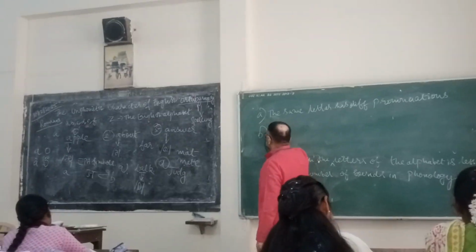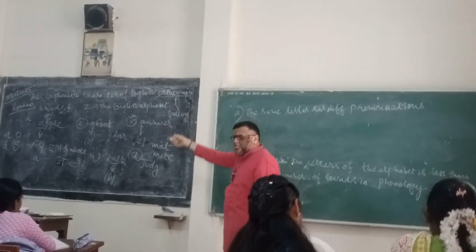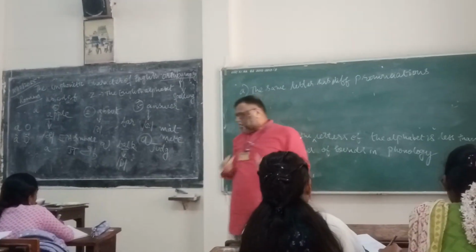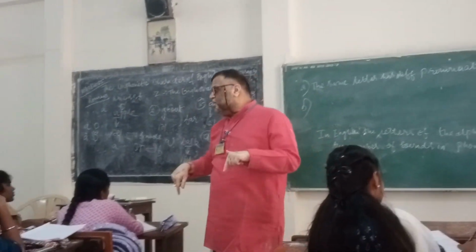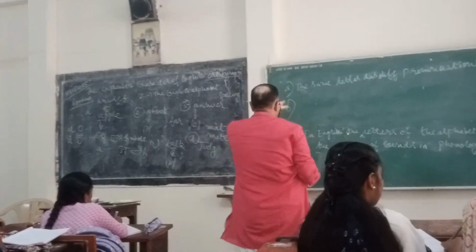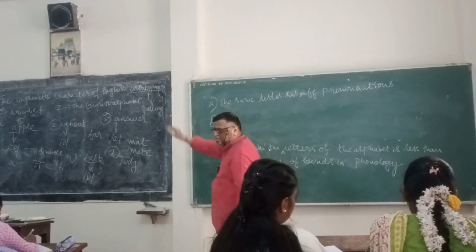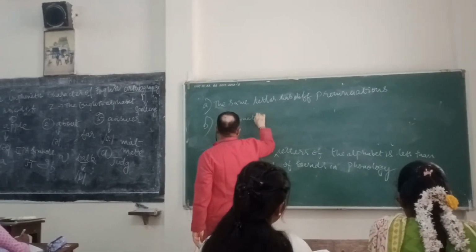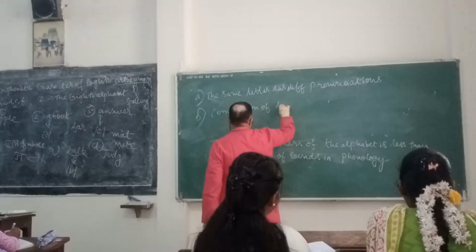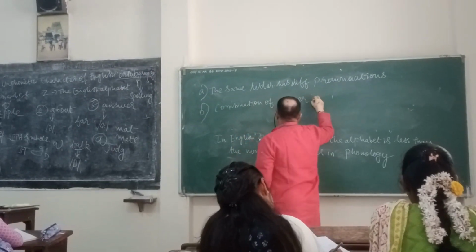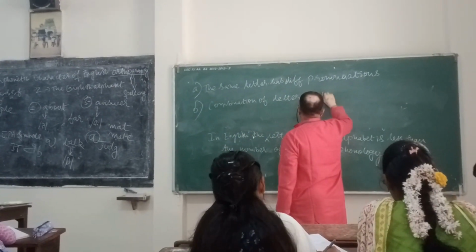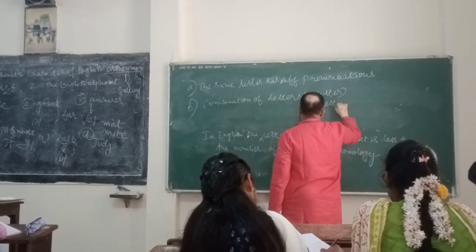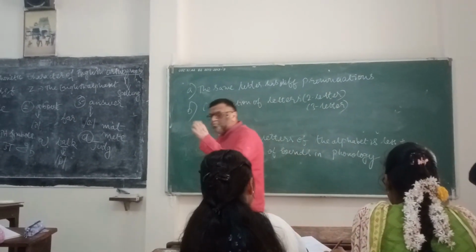So how does English orthography overcome the unphonetic character of its nature? For example, a combination of letters, two-letter or three-letter combinations, will become one sound.